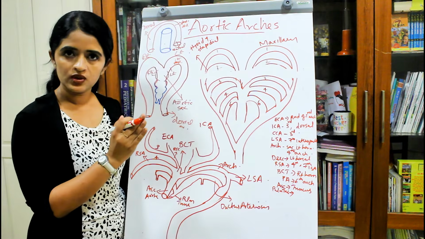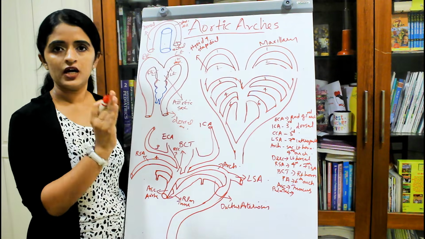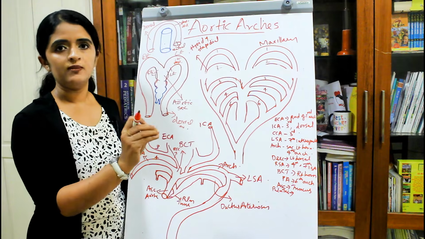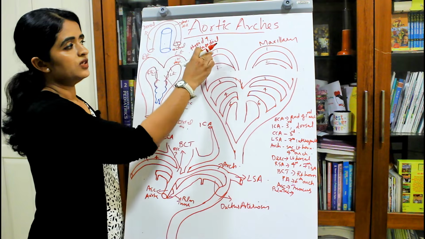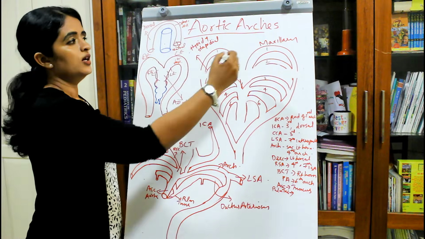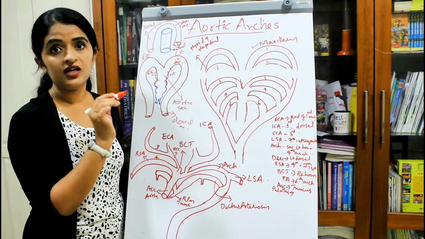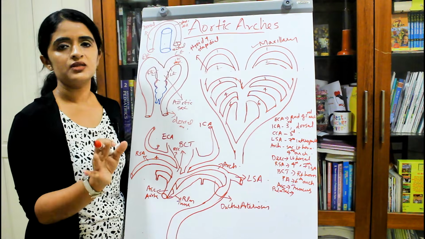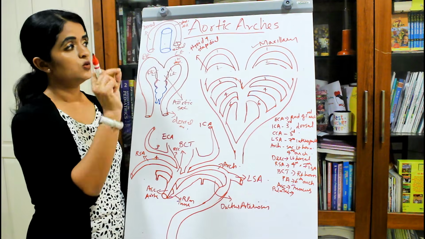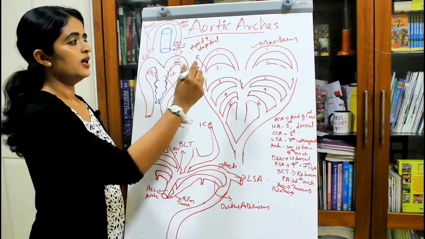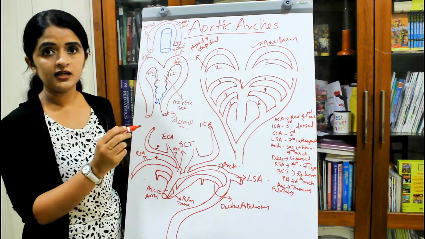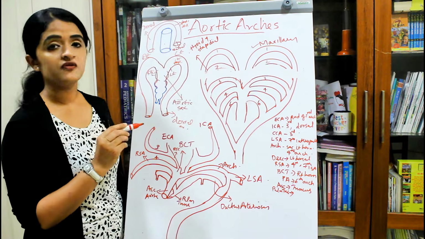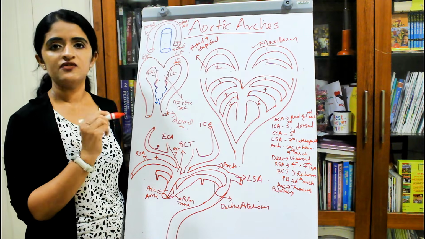Okay, so first you remember that the first and the second aortic arches are just disappearing, but sometimes a part of it will remain there, and the remnant of the first aortic arch forms the maxillary artery. The remnant of the second gives rise to the hyoid and the stapedial artery in the fetal life.